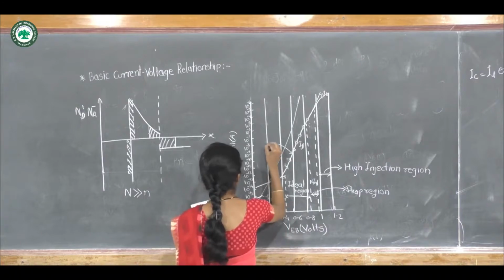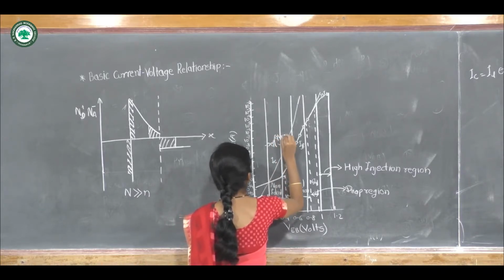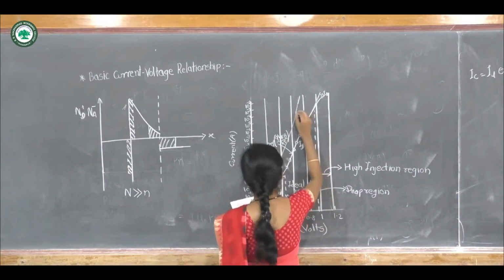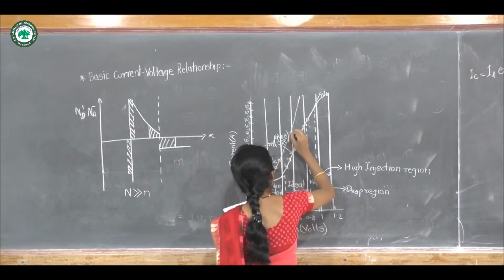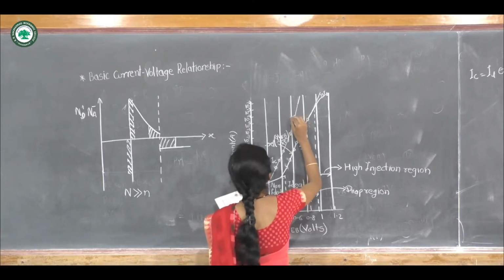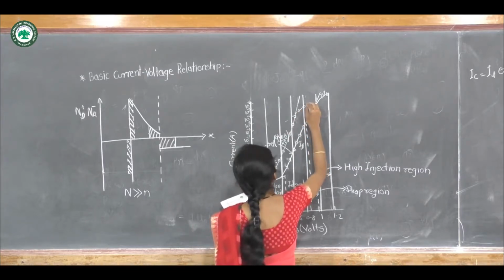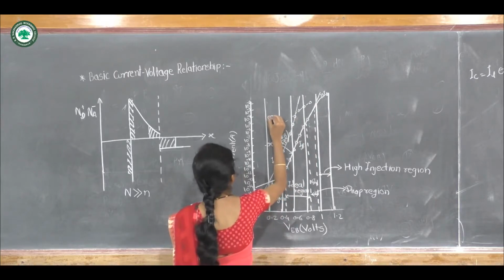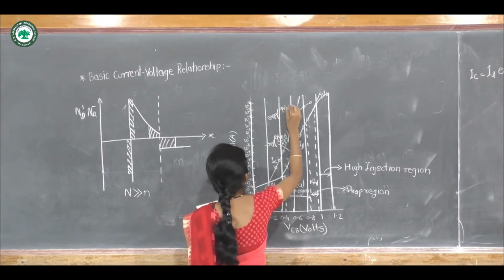So this is given by exponential of Q into VEB by kT, and this gives the exponential of Q into VEB by kT.